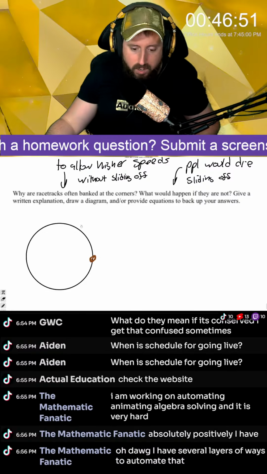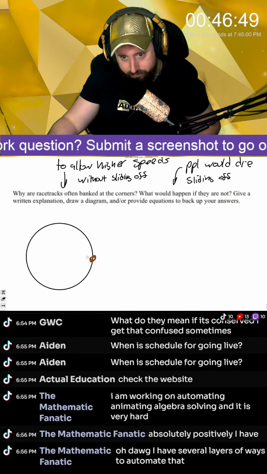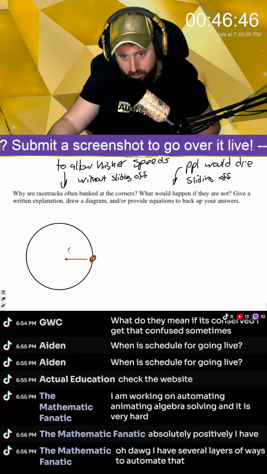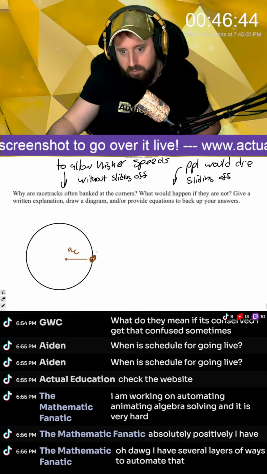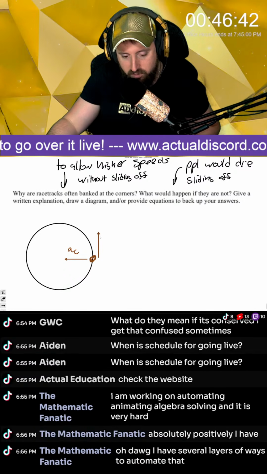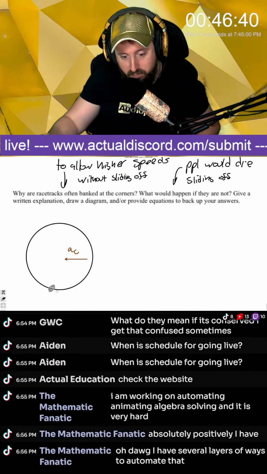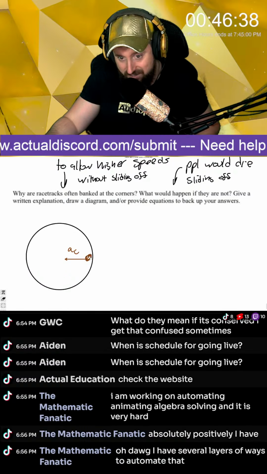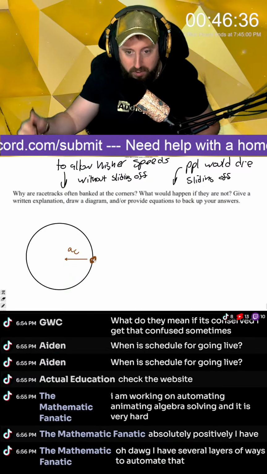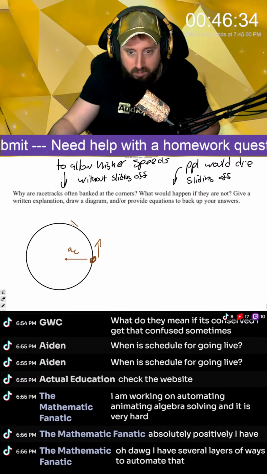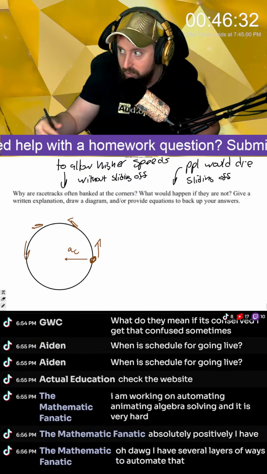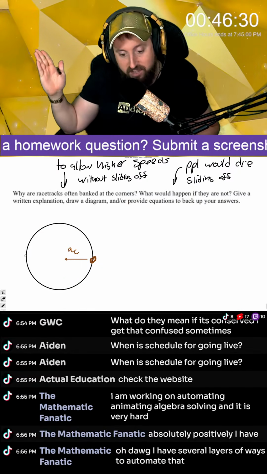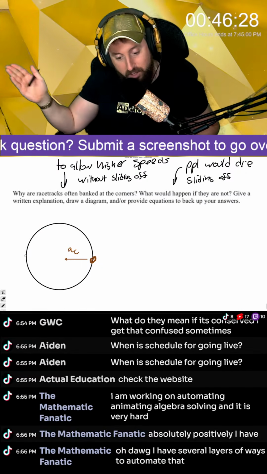In doing so, you have what's called a centripetal acceleration, because your velocity is changing directions. You can be going around at the same 60 miles per hour, the same speed, but because velocity has direction and your direction changes from here to here to here, you technically have an acceleration, because acceleration is change in velocity over change in time.